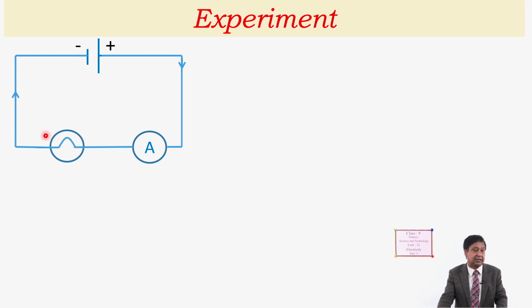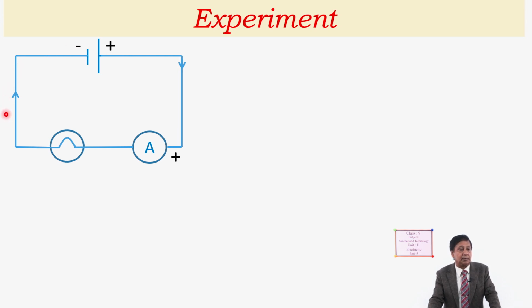It means the ammeter is connected in series, and it measures the current flowing through this bulb. But the ammeter should be connected in such a way that the wire coming from the positive terminal of the cell is connected to the plus-marked connecting point of the ammeter, and the wire connected to the negative terminal of the cell is connected to the minus-marked connecting point of the ammeter.